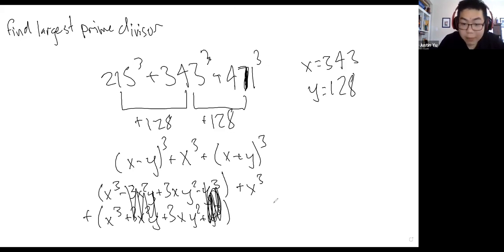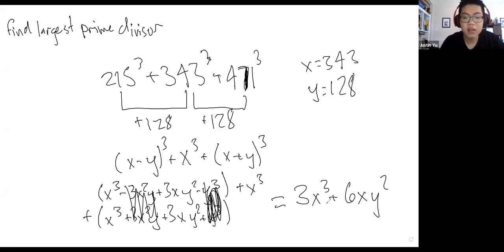So in all, once we collapse everything, we have 3x cubed plus 6xy squared. Well, what can we do with this? That's a lot easier to see once we got to the variables. We can factor, yes. And what are we going to factor out? I see a lot of 3's, I see a lot of x's, but most importantly, I see a lot of 3x's.